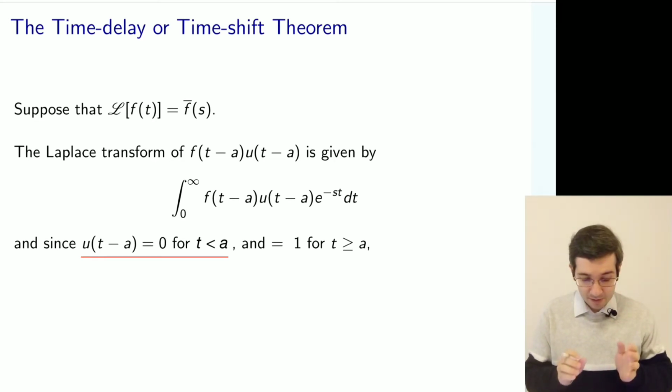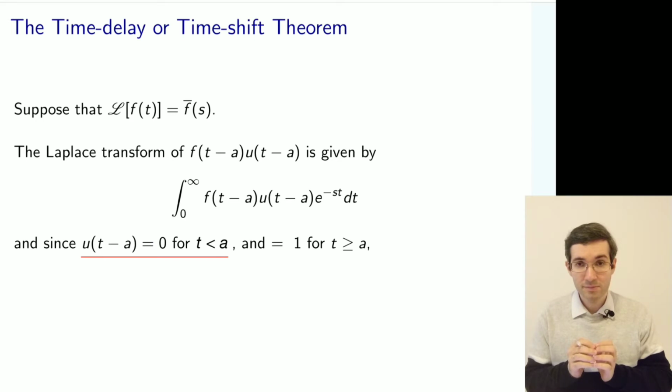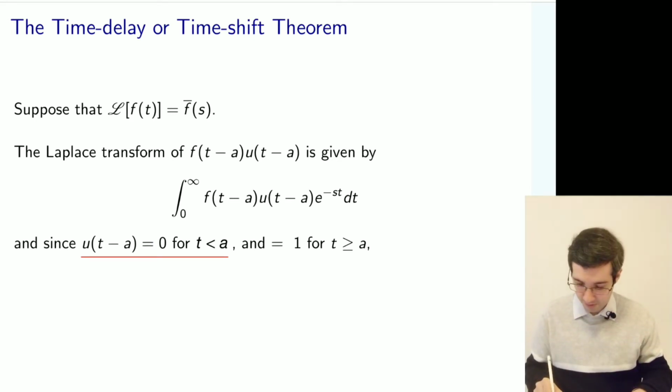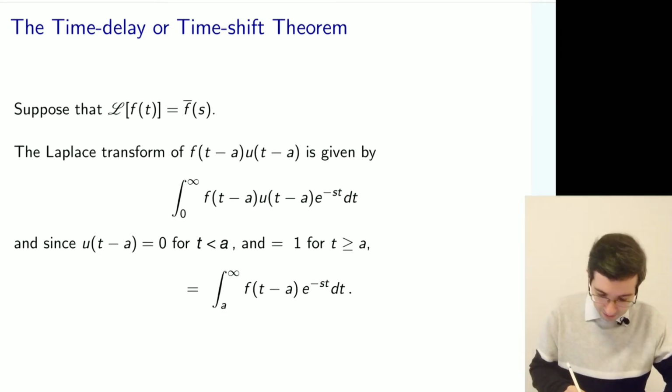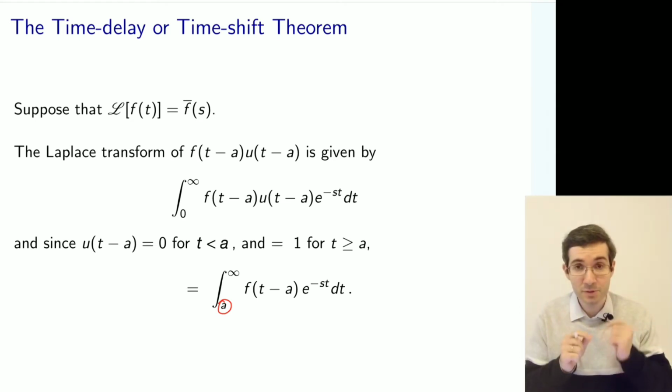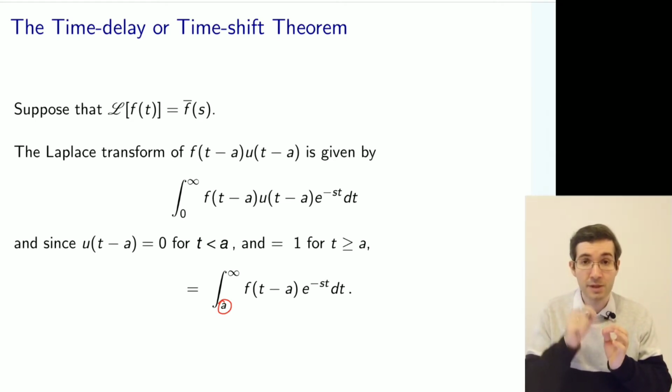So we can see that before that time the function is 0 and the integral will be 0. So we can eliminate at least a bit of this integral between 0 and a, and only start from a, not from 0.